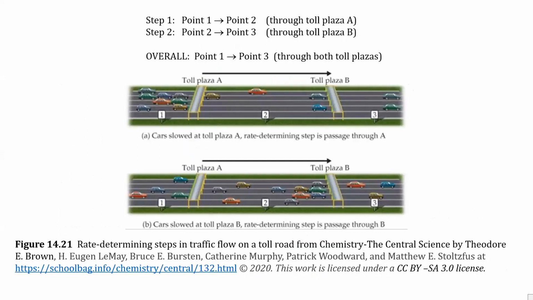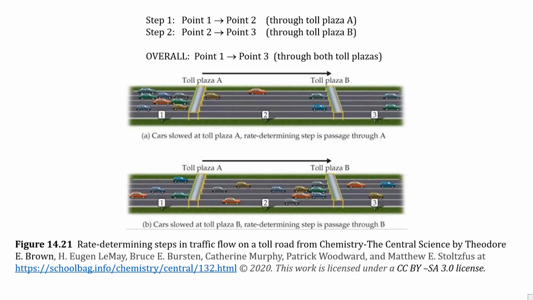This figure provides a real-life experience in looking at rate determining steps by observing cars passing at a toll plaza from point 1, 2, and 3.